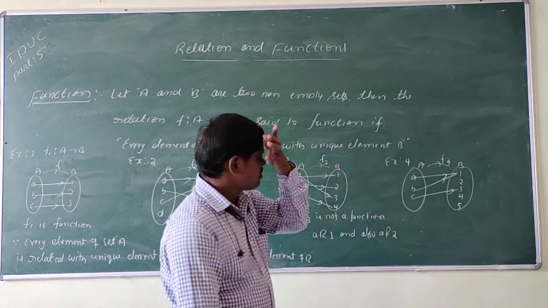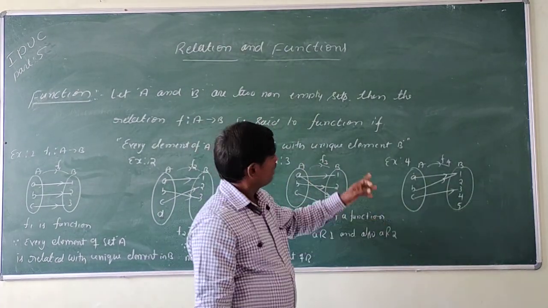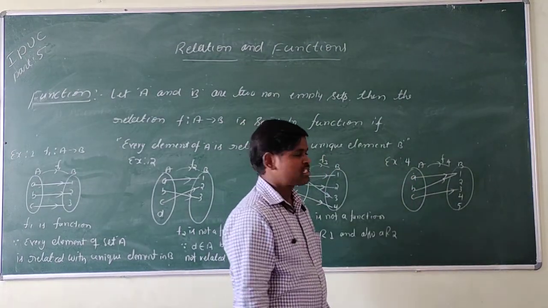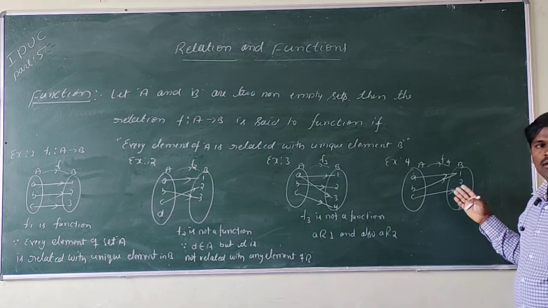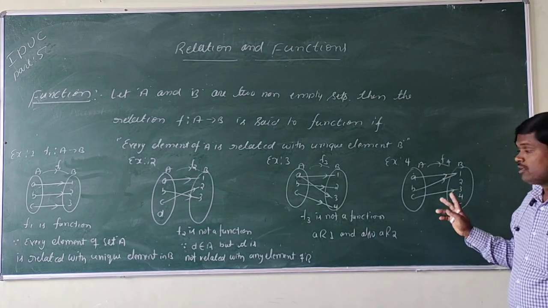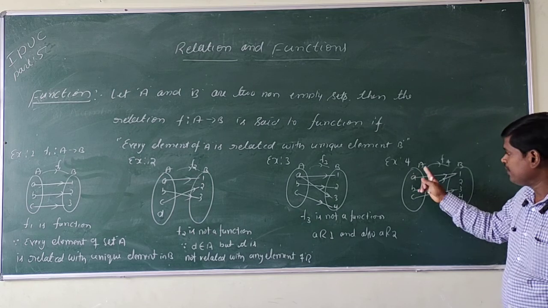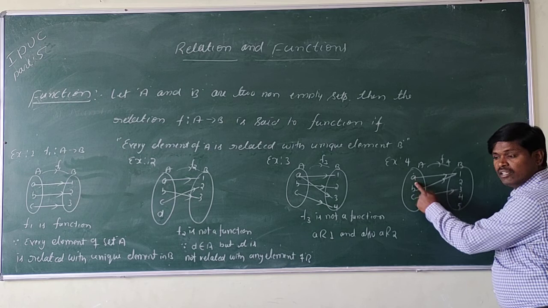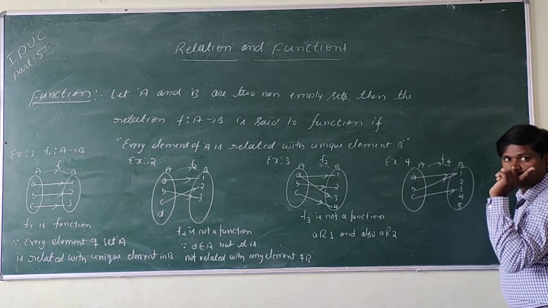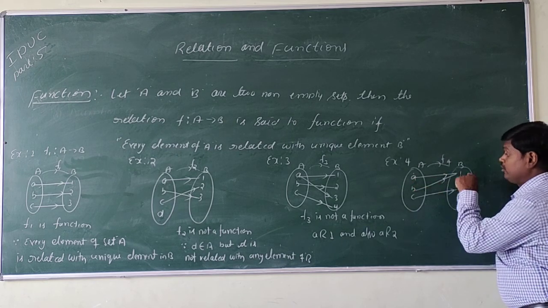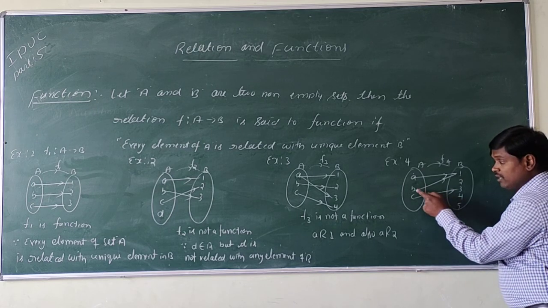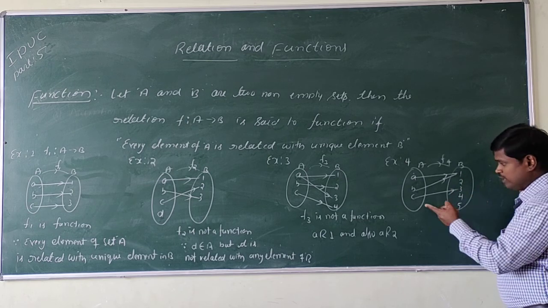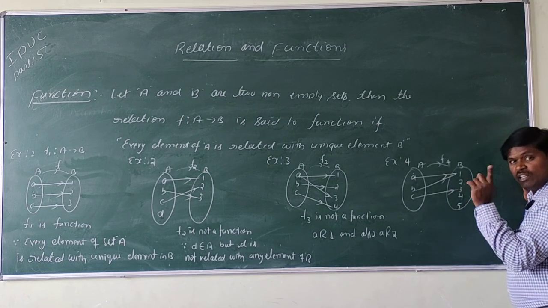It satisfies the uniqueness. Yes, some elements in B are remaining, but the condition is that every element of A is related with a unique element. The element A is related with only one element. Similarly, the element B is related with only one element, that is 1. The element C is also related to only one element, 3.